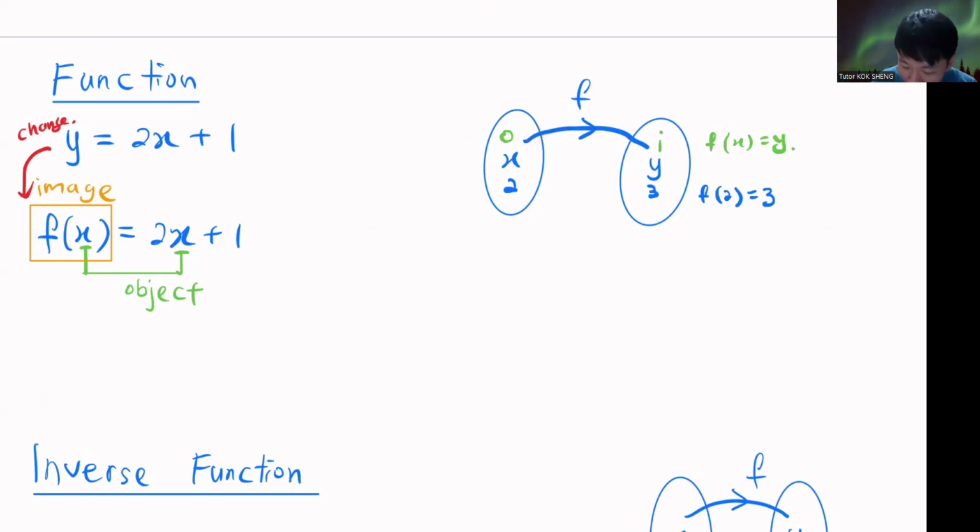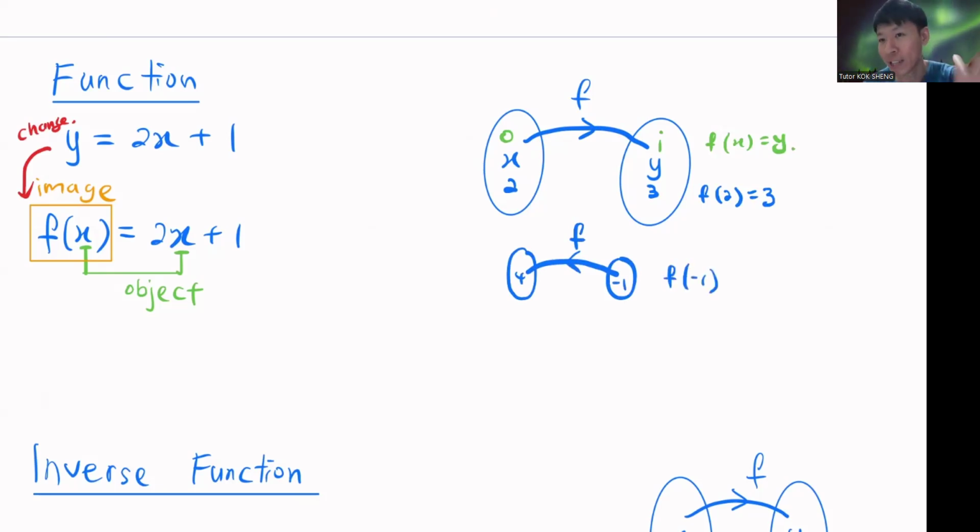Sometimes there is a possibility that the arrow goes backward like this. Sometimes you are in the diagram, maybe. So for example, let's say I put here 4 and -1. How you're going to write this will be f, the object is -1, following the direction of the arrow, equals 4, like this.